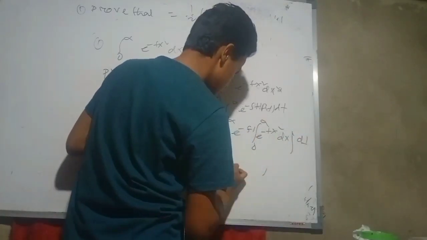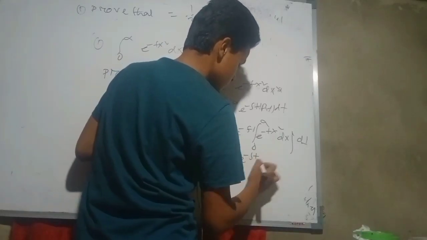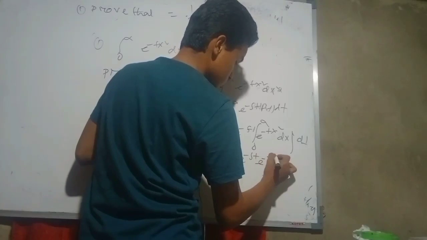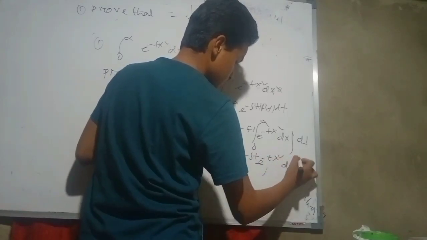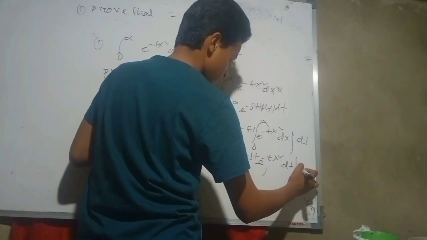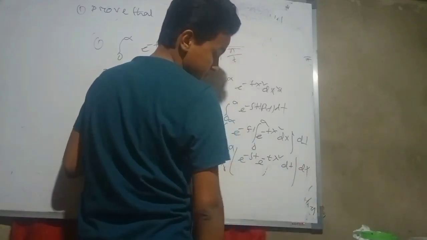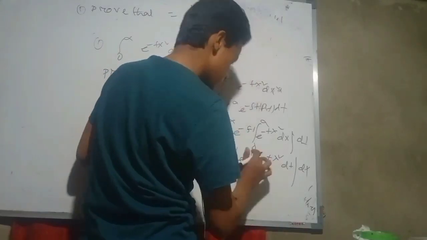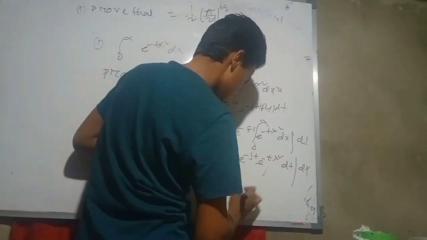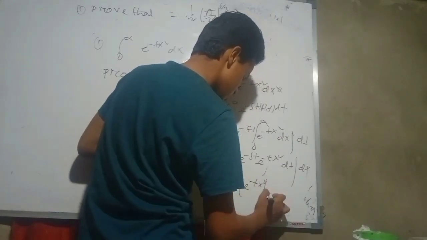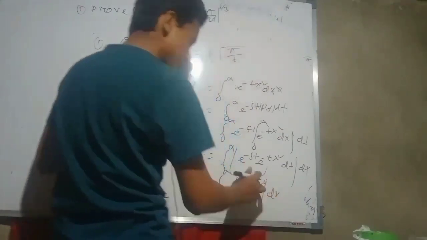Changing the order of integration, we get e to the minus st, e to the minus t x square dt dx. So that is the Laplace transform. This is nothing but e to the minus t x square into dx, so find the Laplace transform of this.